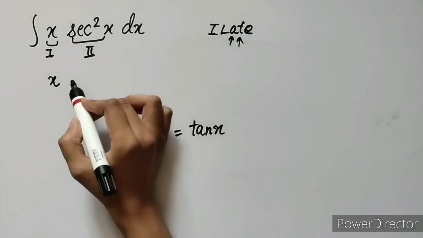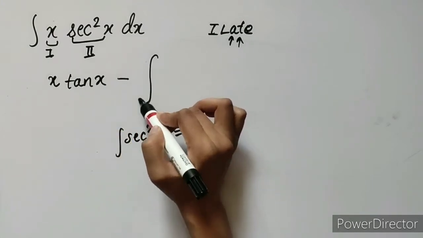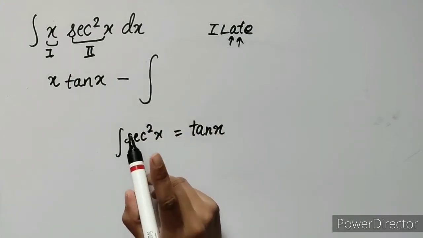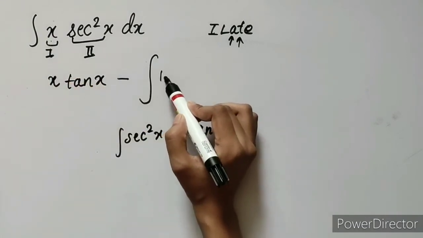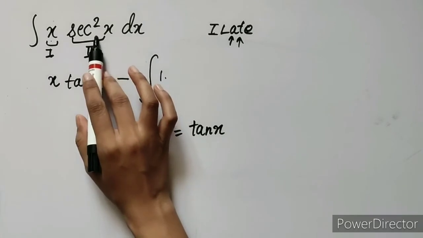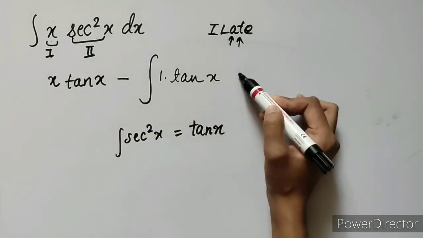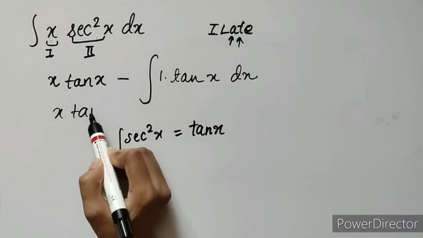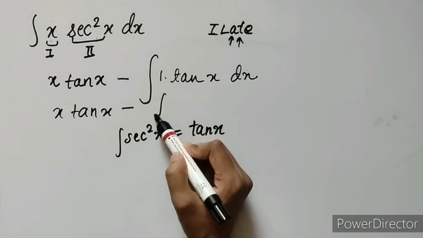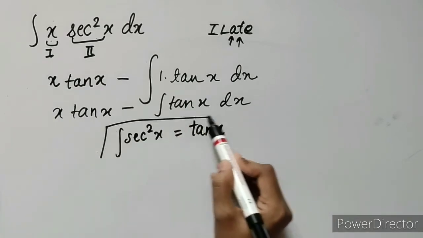So it will be x tan x minus whole integration of differentiation of first function. So differentiation of x will be 1. Then again integration of second function, then it will be tan x dx. Then x tan x as it is minus integration of tan x dx.